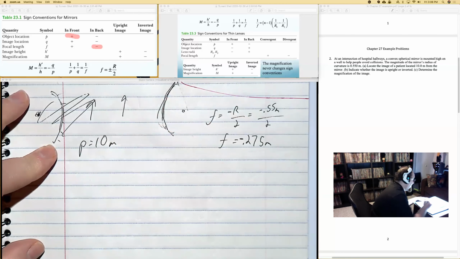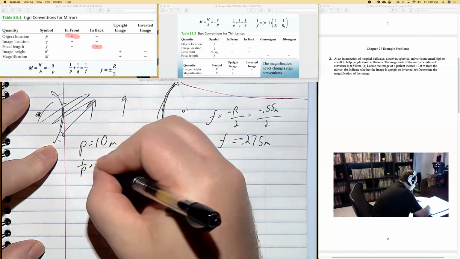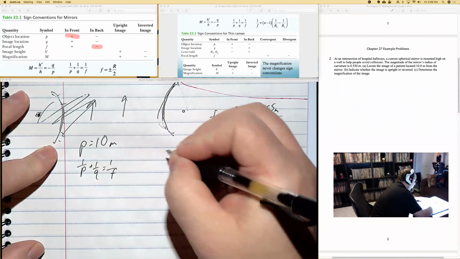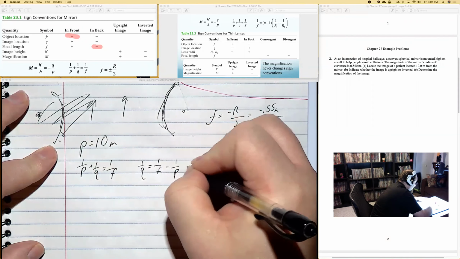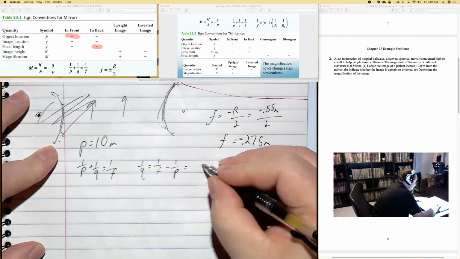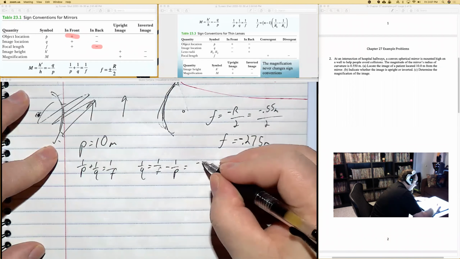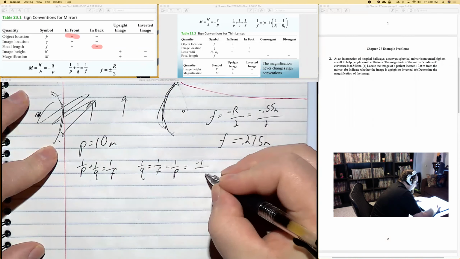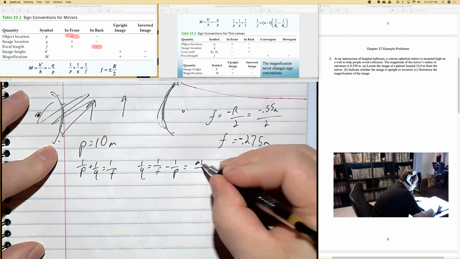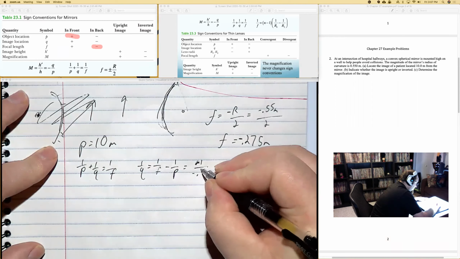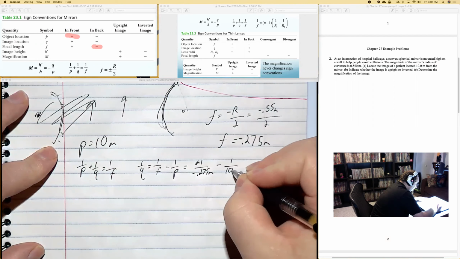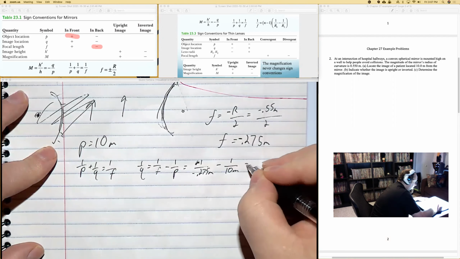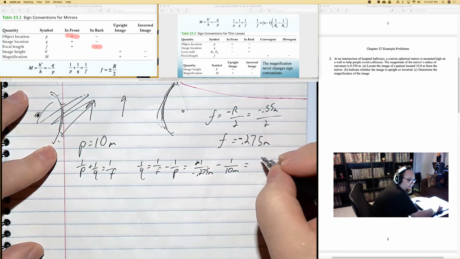If I want to locate the image, 1 over P plus 1 over Q equals 1 over F. That means 1 over Q equals 1 over F minus 1 over P. And I'll say it is 1 over negative 0.275 meters minus 1 over 10 meters. When I do that, my double negatives add up.